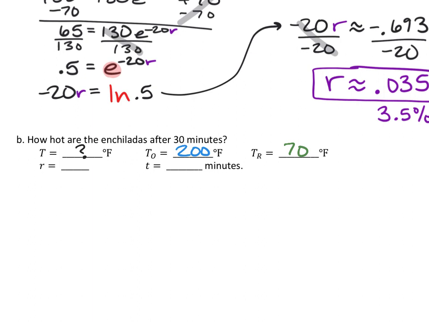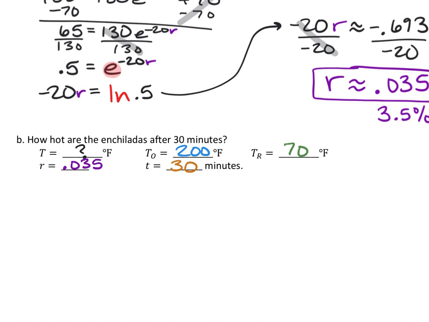My rate, we just found out, is 0.035. And how long are we leaving them out on the counter? 30 minutes. Okay, when we fill this in, we have one question mark, which means we can solve it.